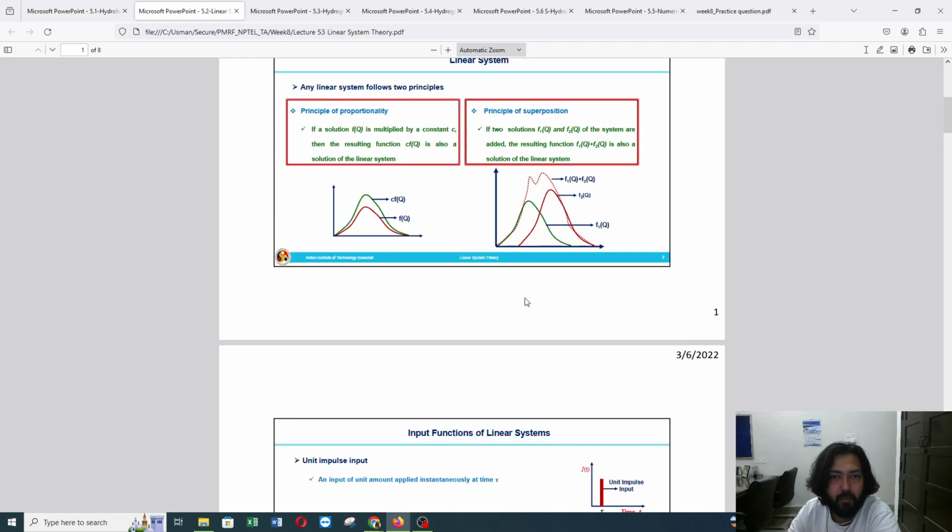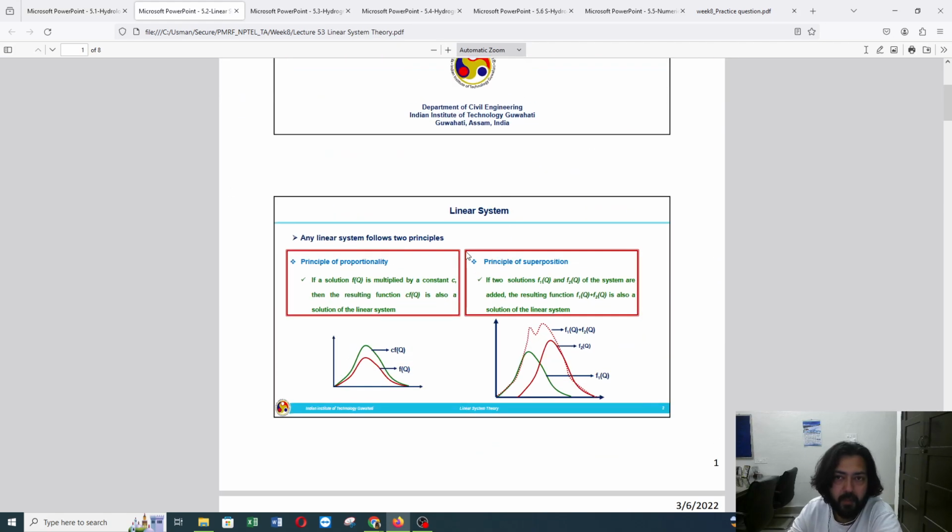Then we talked more about the linear system. A linear system is based on two principles. The first is the principle of proportionality, where we multiply the solution by a constant value, and that result is also a solution of the linear system. In the principle of superposition, let us say there are two outputs, f1 of q and f2 of q.